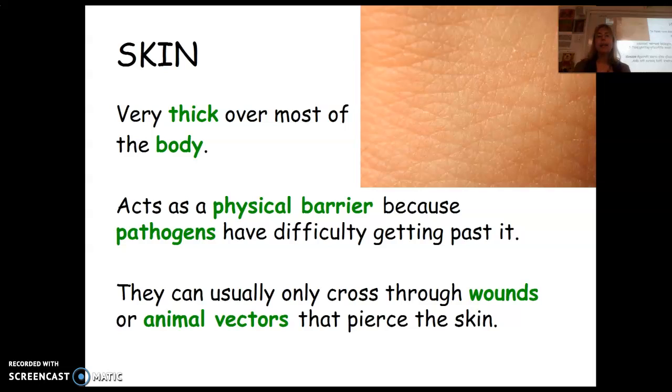And the only time it can usually stop defending us really well is when we have some kind of cut or some kind of abrasion that pathogens can then enter, or when something like a mosquito pierces the skin and allows some protists to enter our body. So stop the video and on your diagram write skin, which is underlined, and write a brief description.